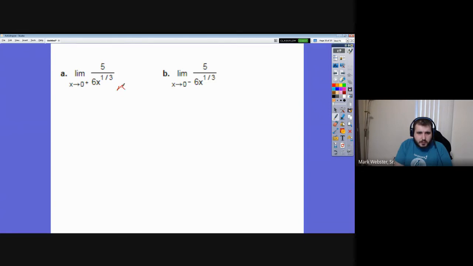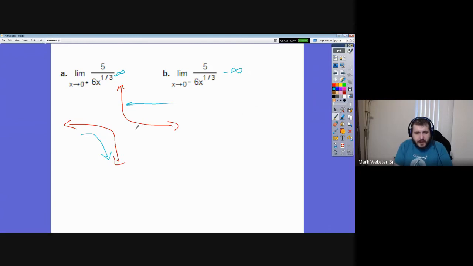It's still going to be basically the same thing, looking like this for both of them. And so what's happening as I'm going from the right, I'm going up to infinity, right? As I'm coming from the left, this had better be negative infinity.